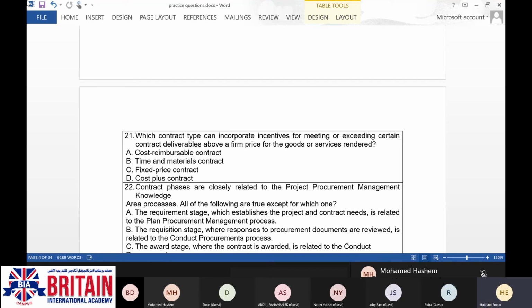Let's say we have agreed upon 500 KD, but there will be a certain term or condition inside this contract stating that in case there is, at any moment, a fluctuation in the prices, the prices are subject to be reviewed and re-evaluated, whether the prices go up or go down.